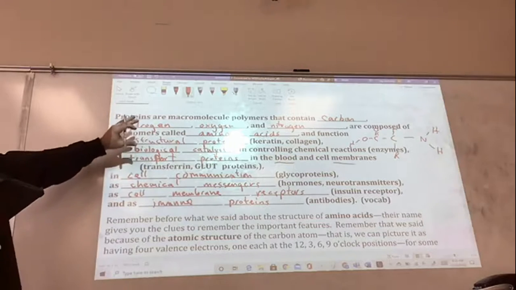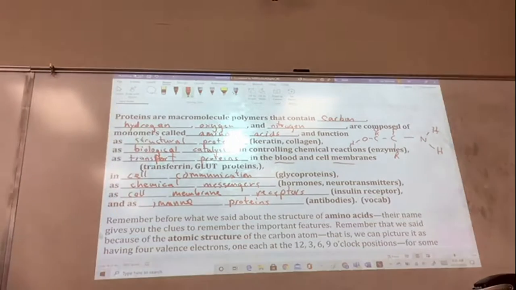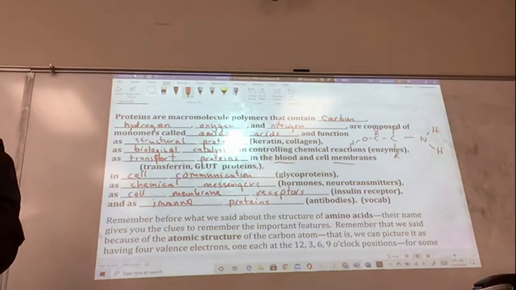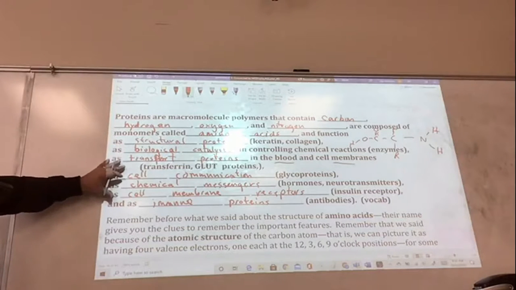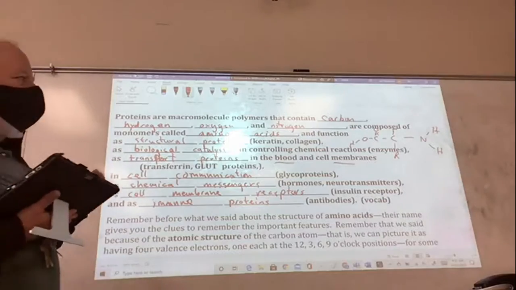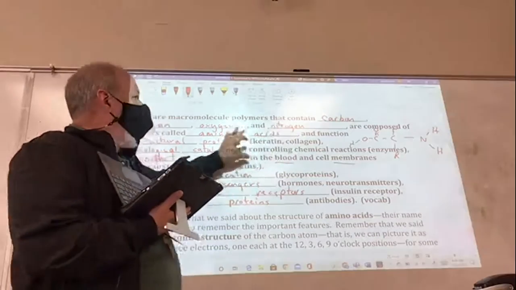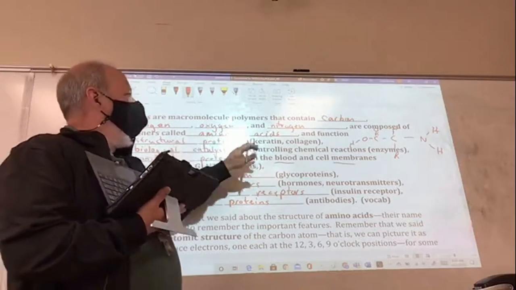But in order to actually accomplish the functions that enzymes accomplish, we need to have these amazingly complicated 3-dimensional structures. Most of the other things that we've talked about so far are just 2-dimensional or linear kinds of things. And I'll show you what I mean by that when we start to talk about the structure here. And we said that as far as proteins go, they're composed of monomers called amino acids.